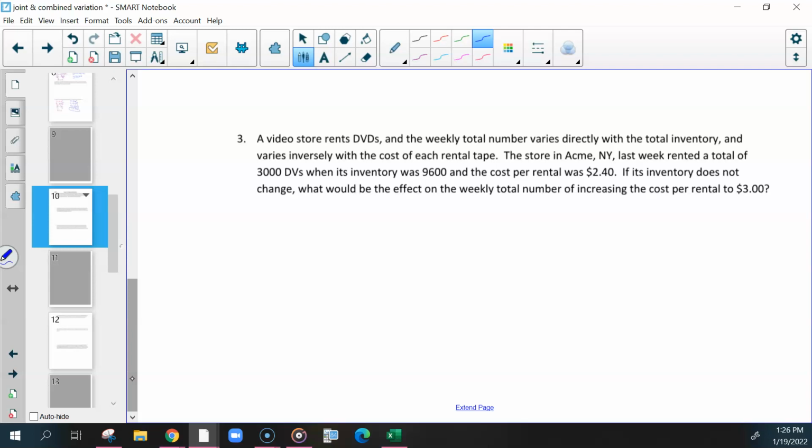A video store runs DVDs, and the weekly total number varies directly with the total inventory and varies inversely with the cost of the rental fee. Varies directly, varies inversely. Before we get into the rest of that, let's put variables to everything else. Weekly total, you can call it W, call it T, call it M, doesn't matter.